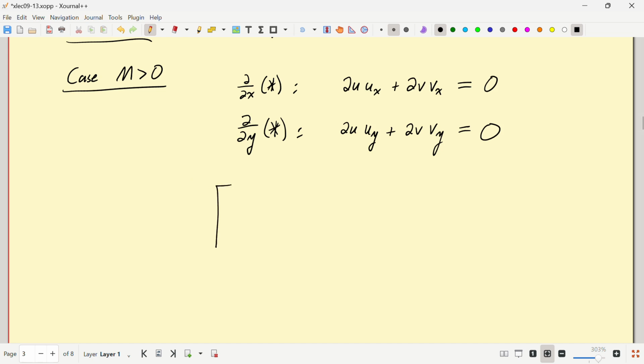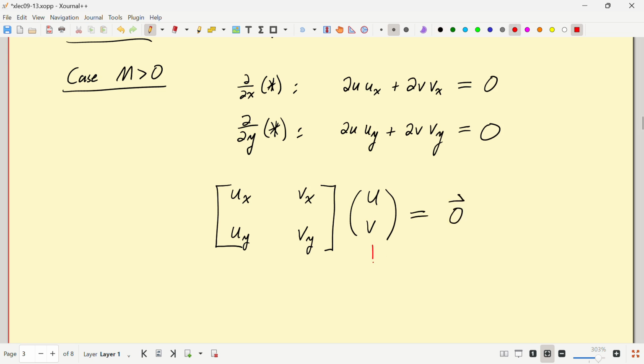So I can cancel out all the 2's, and I get du dx, dv dx, here I get du dy, dv dy. So that's like a Jacobian matrix. And right here I get a u v. And u squared plus v squared is m squared, so this is not the 0 vector.